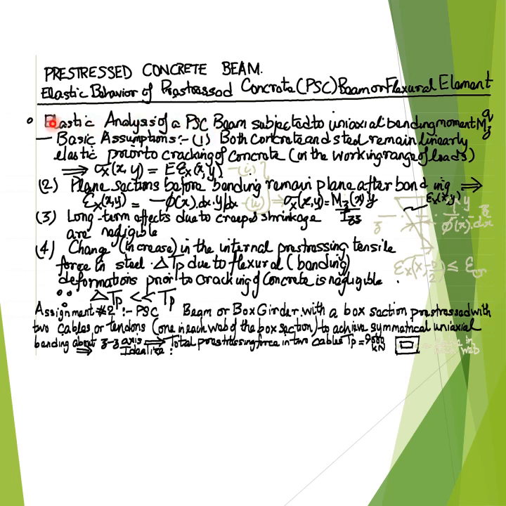Therefore, the basic assumptions that were applied in the elastic analysis of the pre-stressed concrete beam considered in the solved example presented in the previous slide are as follows. 1. Both concrete and steel are assumed to remain linearly elastic prior to the cracking of concrete.